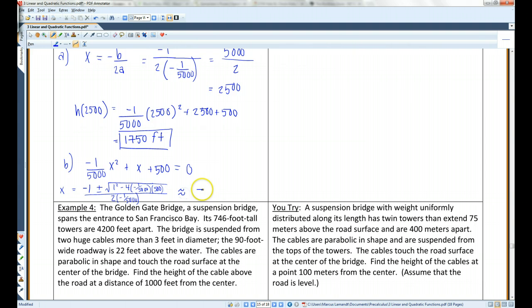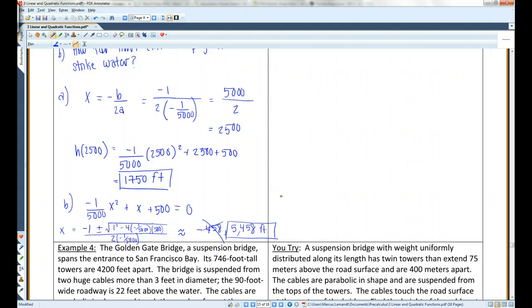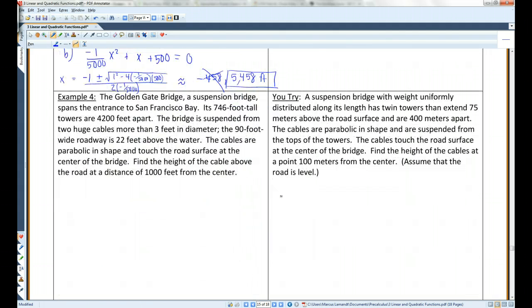You're going to get negative 458 and 5458. Discard the negative solution because you can't get a negative distance. The projectile is going to strike the water 5,458 feet from the base of the cliff. There you go. Alright, and I'm going to leave the rest for the next video.